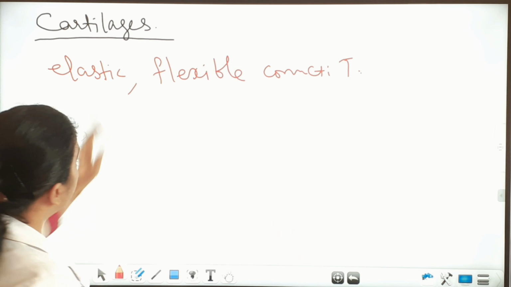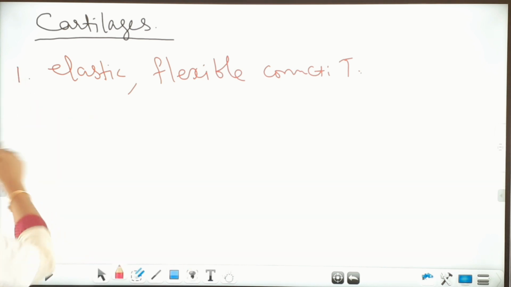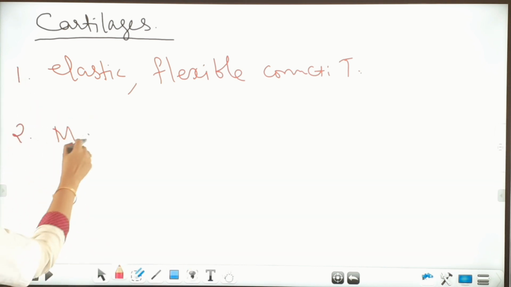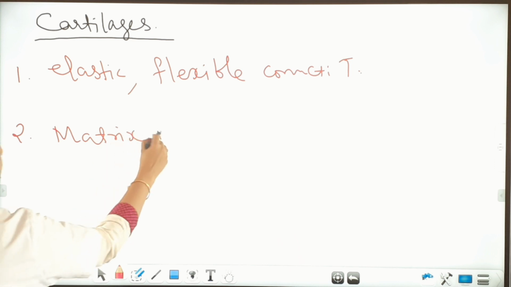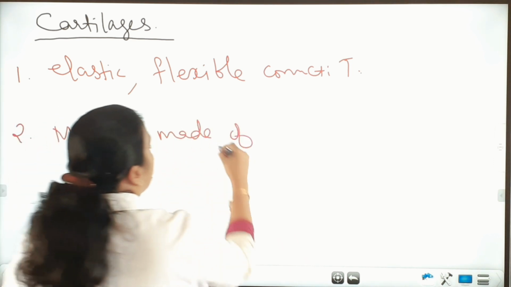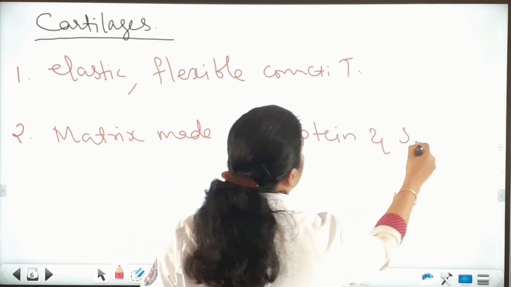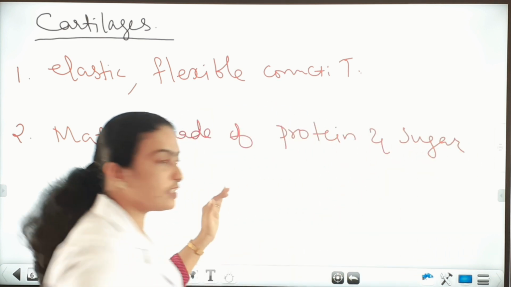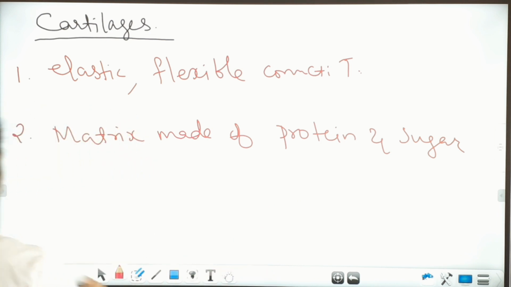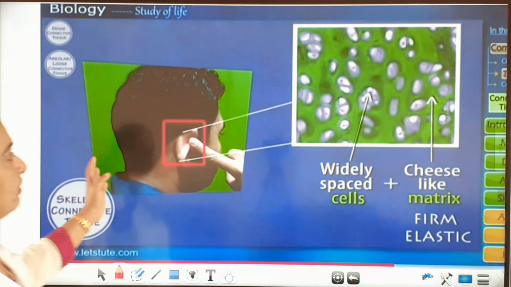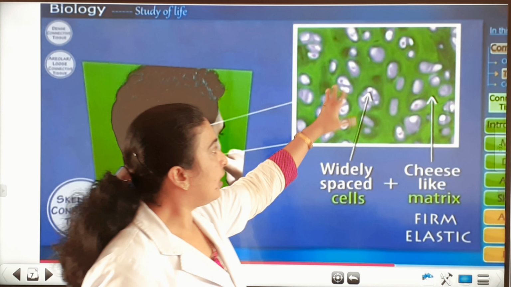Here, it is also embedded in a matrix, but the matrix is made of protein and sugar. Calcium is absent. That's why it is very soft. Okay. So, these are the cartilages.